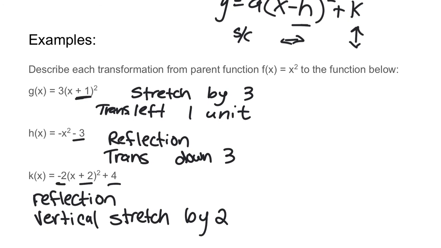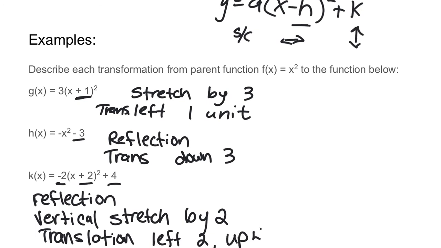I've got a horizontal translation. Remember, when we're adding 2, we're actually moving left. And 4, because I have a 4 there at the end. And again, you could see all of that by putting that in Desmos if you wanted to. But that's another option for you there.